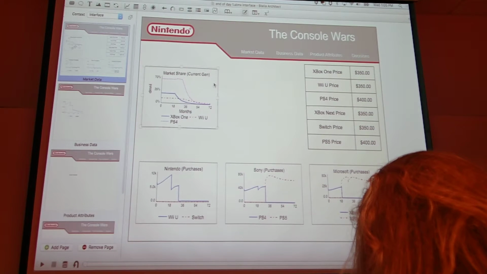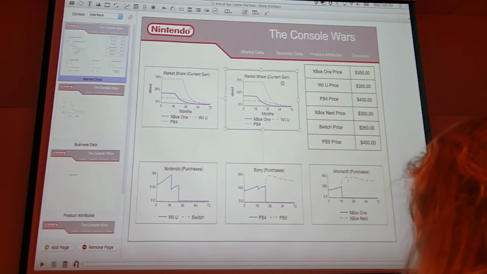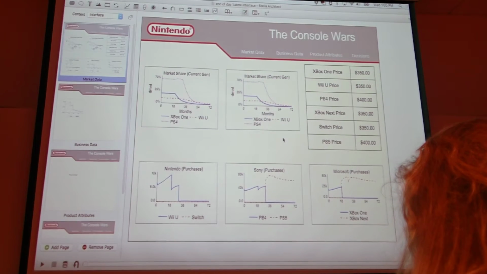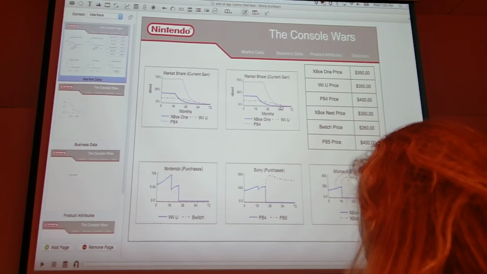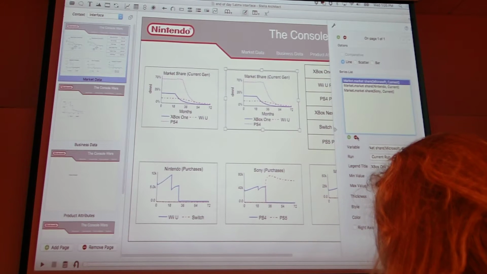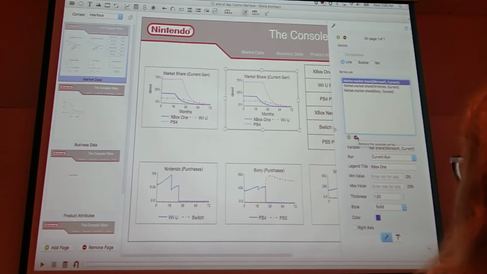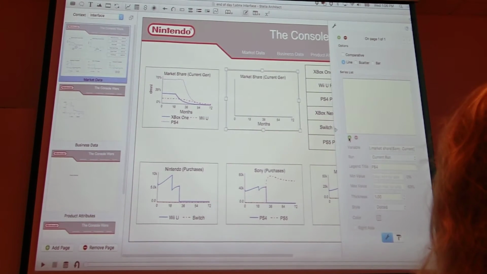Alrighty, so now let's do our market share for the next generation. And it looks like we actually have some room to make our graphs a bit taller, at least our market share graphs. Okay, so since we didn't really do any special settings over here in the legend, it's probably a lot easier to remove these 3 and reset them up.